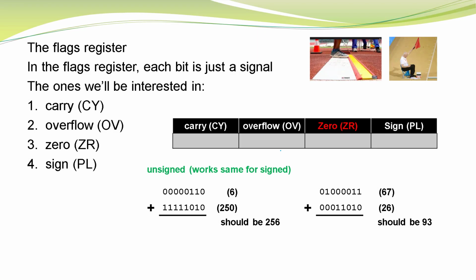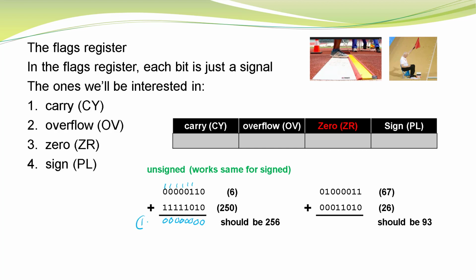How does a 0 flag work? We're going to add these two numbers together. 6 plus 250, I get 0, 0, carry the 1, 0. One thing you got to say about binary math, it's not difficult, but it sure can get tedious.